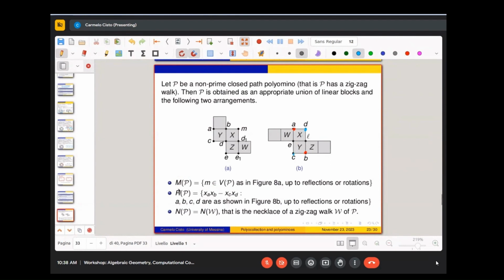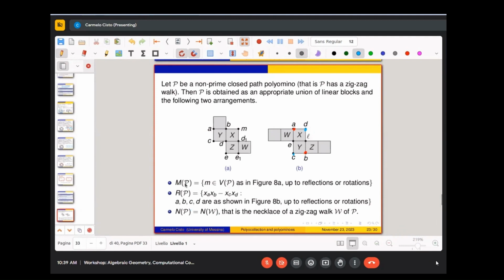So the second set, R of P, is a set of binomials associated to this configuration everywhere it appears in the closed path. And finally, we call N of P the necklace of the closed path, that, as I said before, is uniquely determined by one possible zigzag walk.